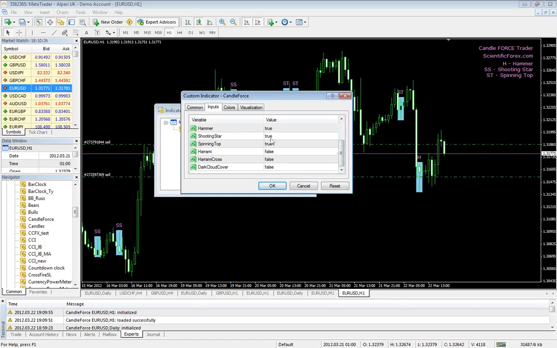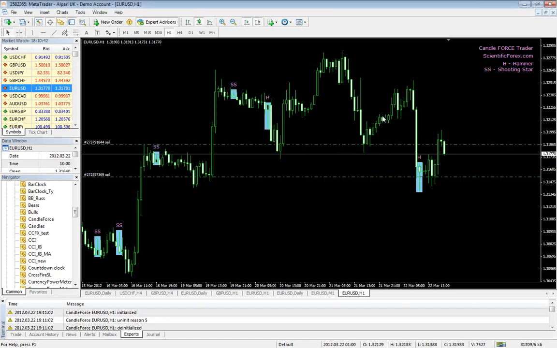So let's say I would like to see only Hammer and Shooting Star. Actually, I like Spinning Top more. Oh wait, I'll just leave Shooting Star and Hammer. So I set this one to true, then click OK, and you will see only this one highlighted here.